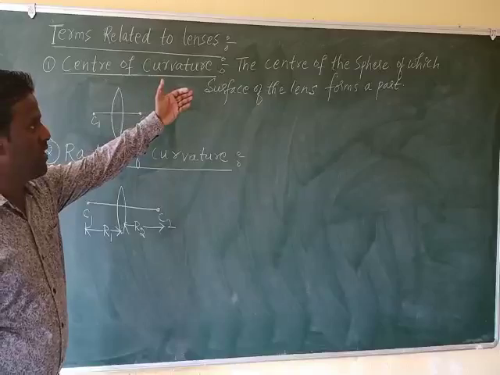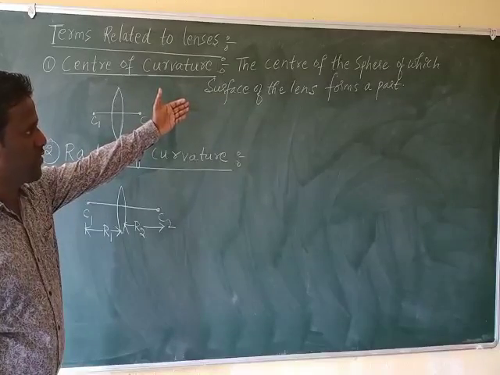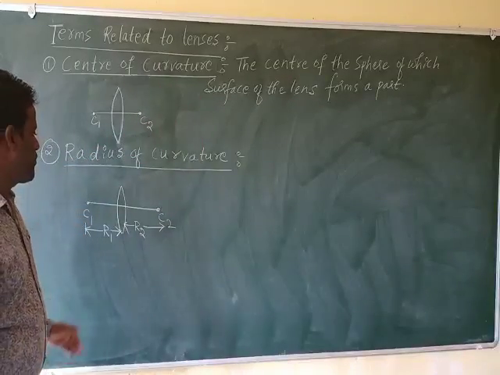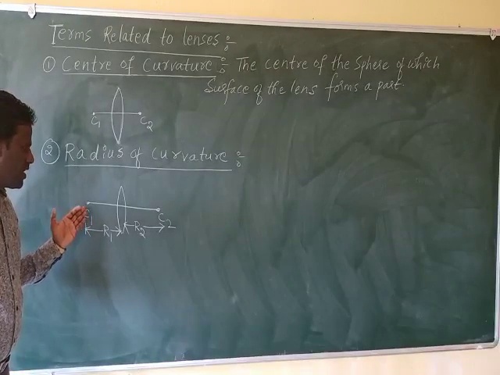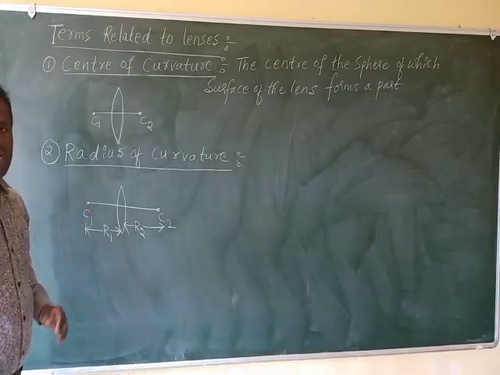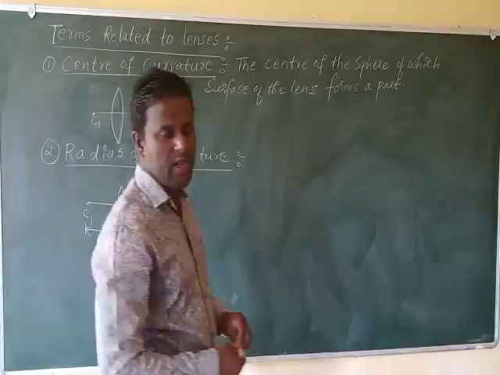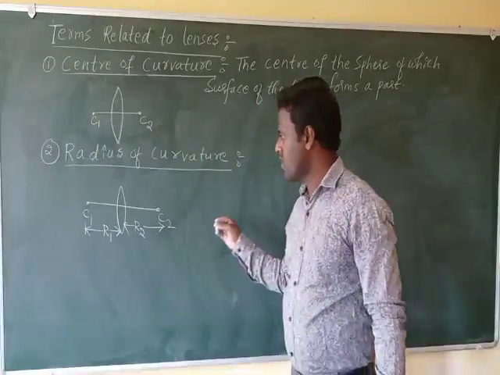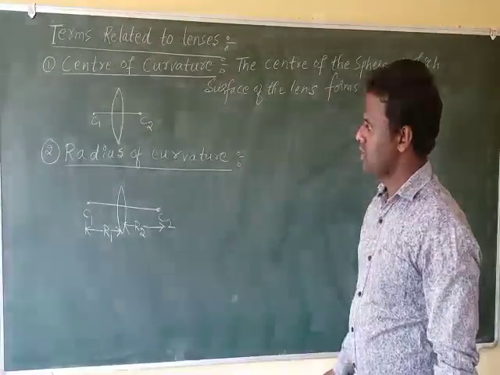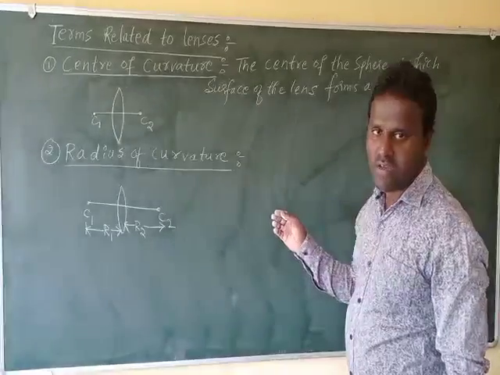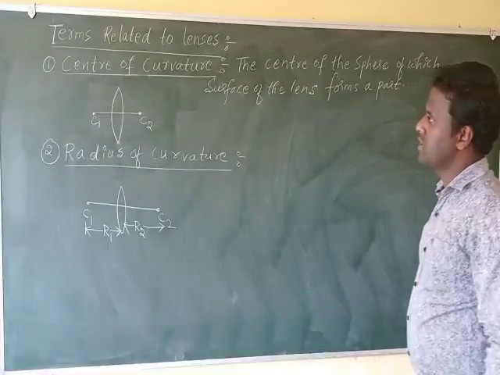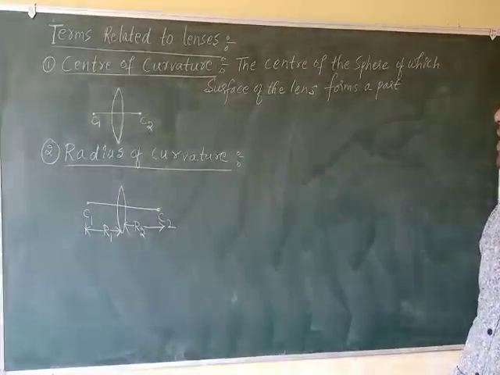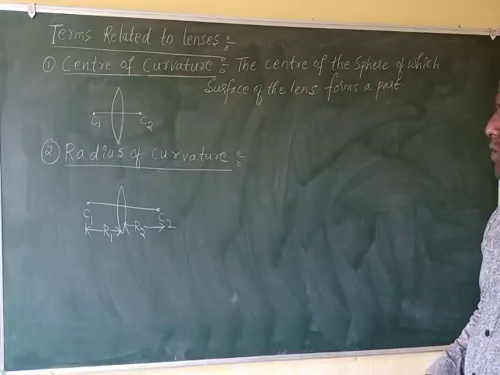It is the radius of the sphere of which the surface of the lens forms a part. As there are two centers of curvature, you should define two radii of curvature for a lens. What are the radii of curvature for the lens? R1 and R2. What are the centers of curvature? C1 and C2.